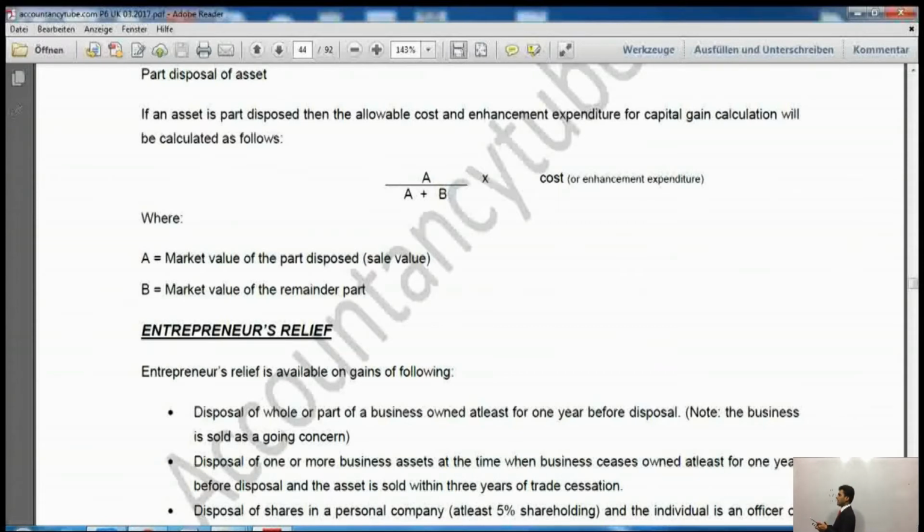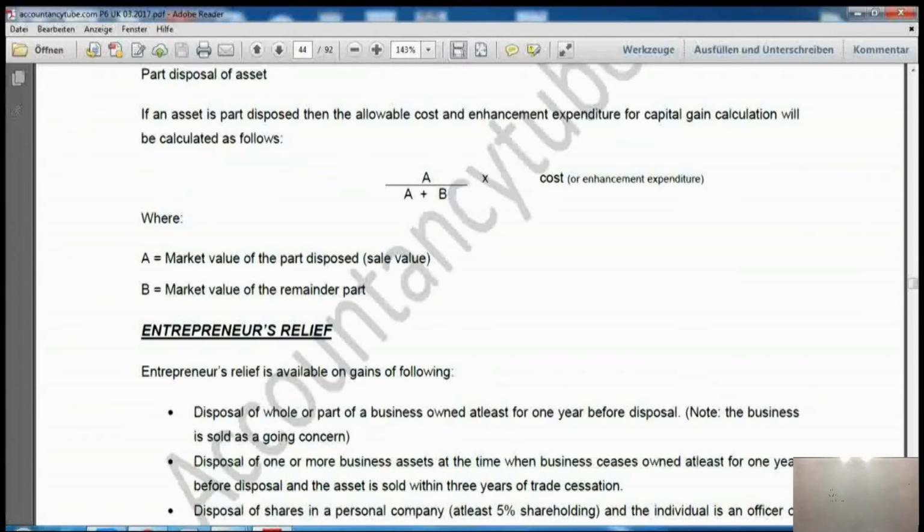Say for example, if I had 4 hectares of land and I transferred 2 of them, then whatever I am transferring is A, and whatever I am retaining is B. So the formula is A over A plus B multiplied by the cost, and it will include the enhancement expenditure as well. All right, so that is the way to calculate if there is any part disposal.